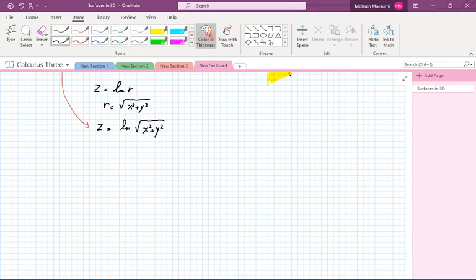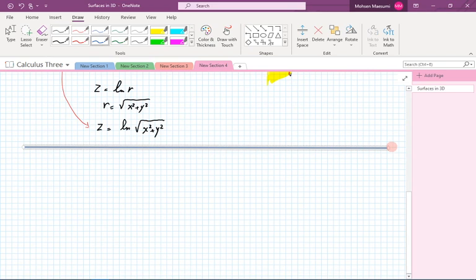Another type of exercise you come across in this section is doing the reverse of this, meaning a surface is given and you have to find the curve. So a surface of revolution is given and you have to find the curve that was the generating curve of this surface. Here's an example.